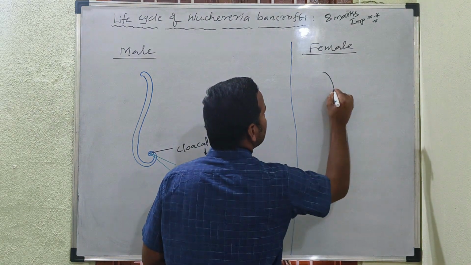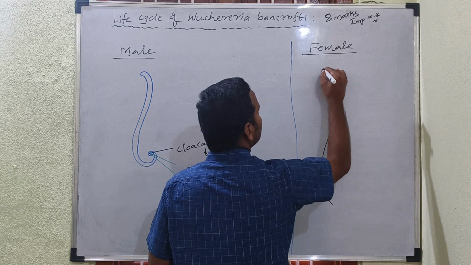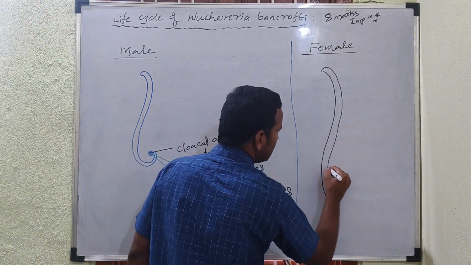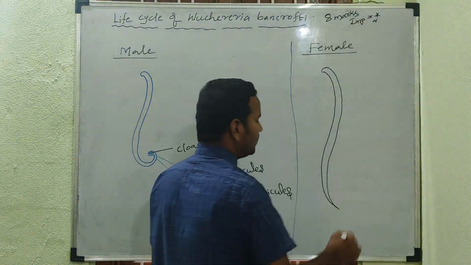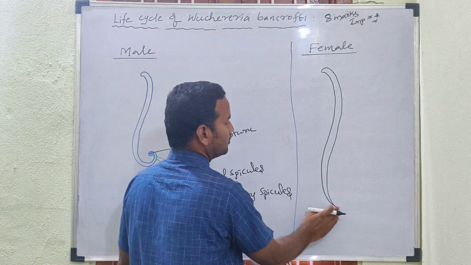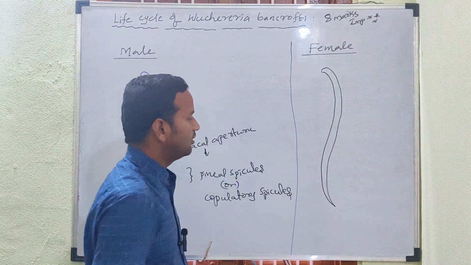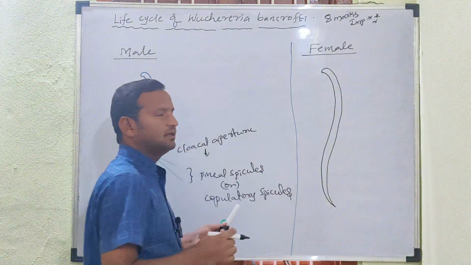This is the anterior end and this is the posterior end. In both, the anterior end is blunt and the posterior end is pointed. Like this, the anterior end is blunt.